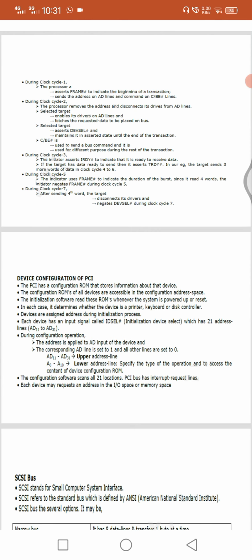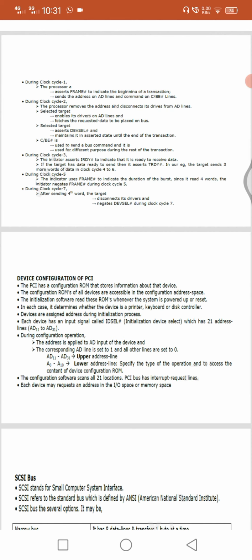In each case, it determines whether the device is a printer, keyboard, or disk controller. So devices are assigned addresses during the initialization process.